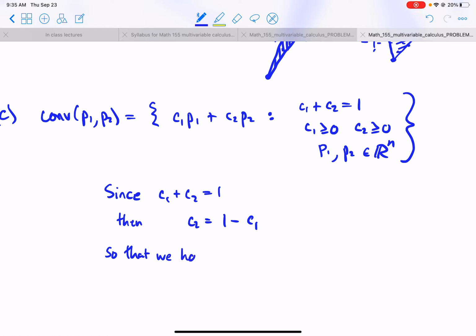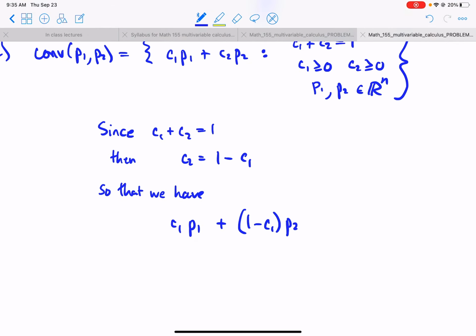So that we have C1 P1 plus, instead of C2, I replace it with 1 minus C1, an expression with only one parameter now.